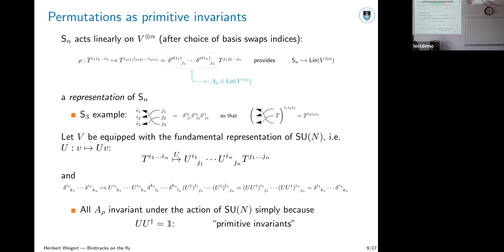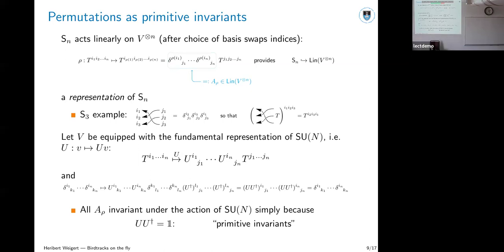Now it gets interesting, because now I'm going to link SU(N) and the permutation group together. Imagine our vector space carries the fundamental representation of SU(N). So I know how SU(N) elements act on this vector space. In this case, I'm essentially saying my vector space is isomorphic to C^n.